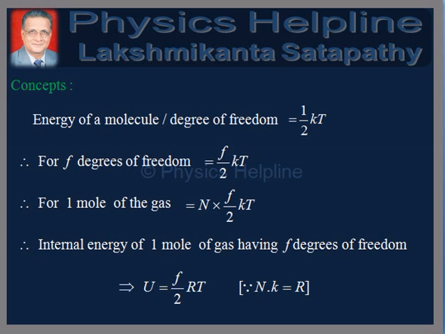Therefore, for 1 mole of the gas, it is equal to N into f by 2 into kT, where N is the Avogadro's number. Therefore, the internal energy of 1 mole of an ideal gas having f degrees of freedom is given by U is equal to f by 2 into RT. Here we have used the relation N into k is equal to R.